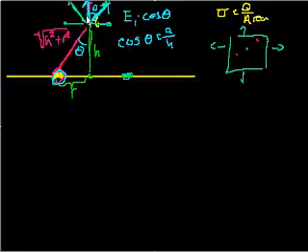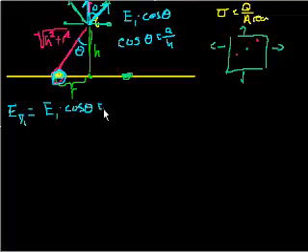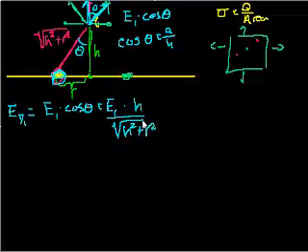We get that the y component of the electric field, due to just this little chunk of our plate, let's just call that E sub 1, because this is just a little small part of the plate, is equal to the magnitude of the electric field from this point times cosine of theta, which equals the electric field times the adjacent, the height h, over the hypotenuse, over the square root of h squared plus r squared.